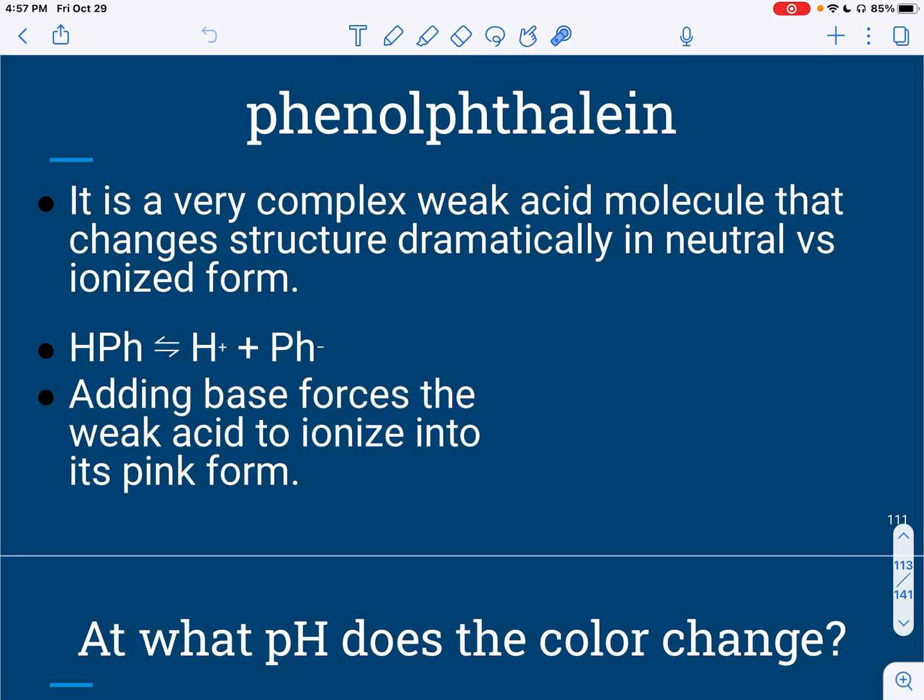So phenolphthalein is a very complex weak acid that changes structure dramatically. Adding base forces the weak acid to ionize into the pink form. Molecular colorless, ionized pink.